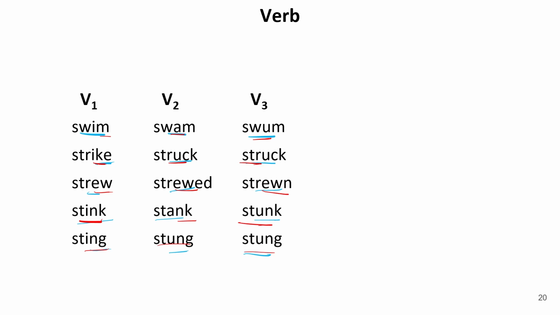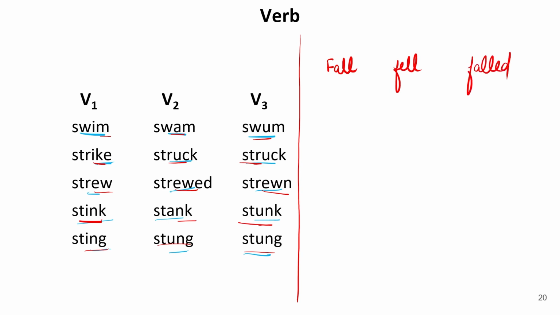Now one more thing. Let us discuss. Suppose we have the verb fall. Now what does this mean? Fall means to fall from somewhere, to just slip down or get down. So the second form of fall is fell, and the third form is fallen. Now, what kind of verb is fall? It is an intransitive verb.